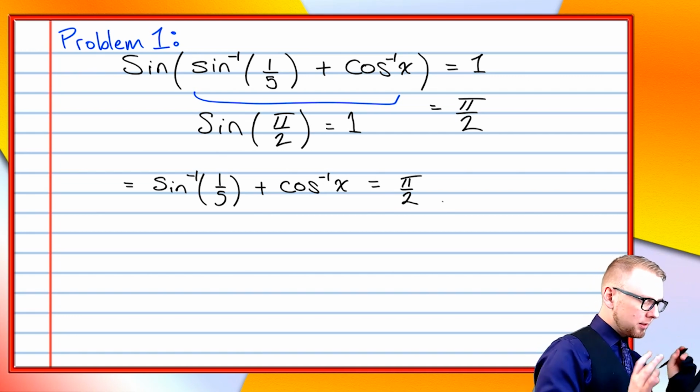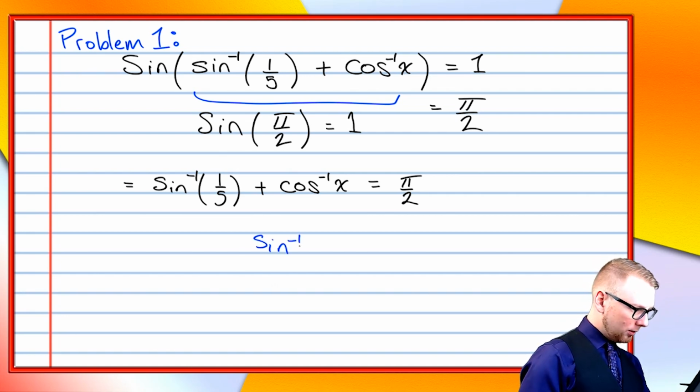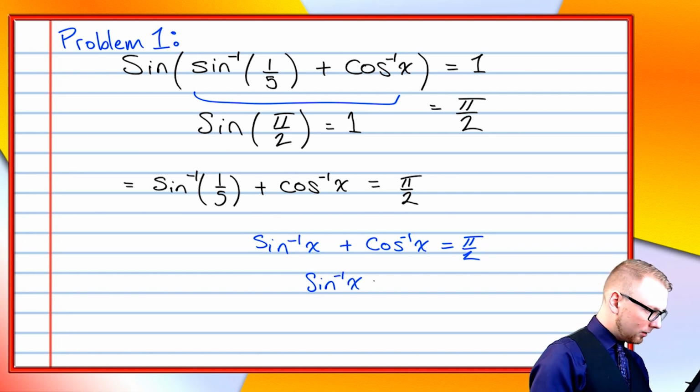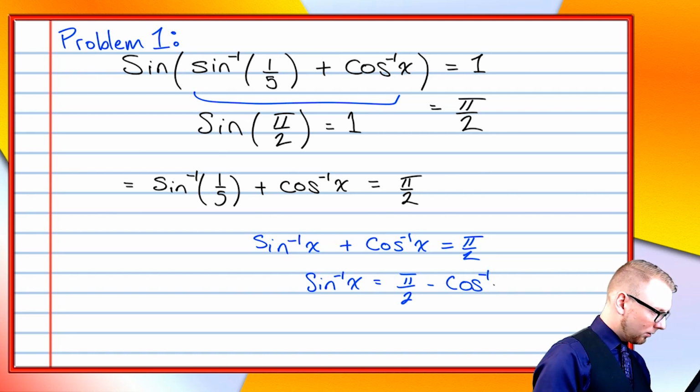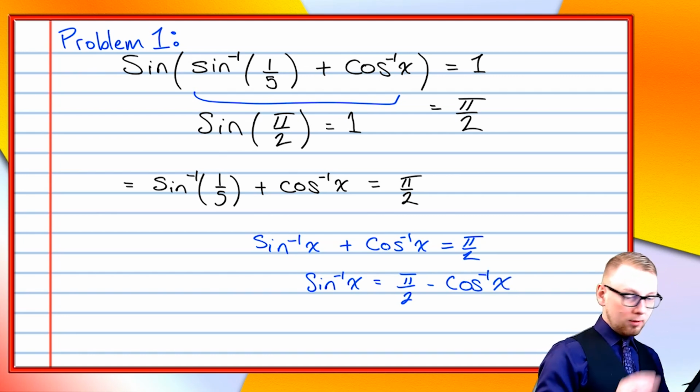Well, we know from our inverse trig identities that sine inverse of x plus cosine inverse of x equals pi over 2. So that means sine inverse of x is equal to pi over 2 minus cosine inverse of x. We're going to use that with our main function.